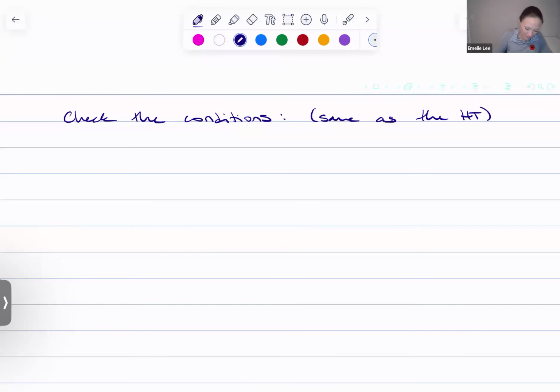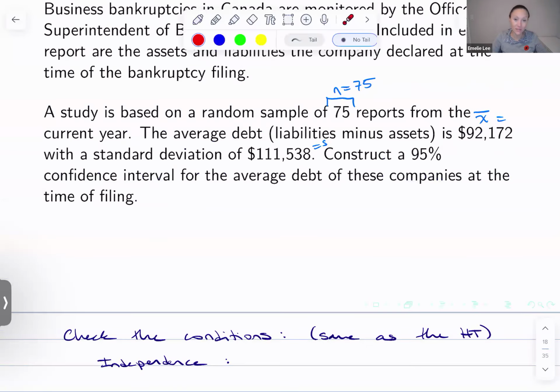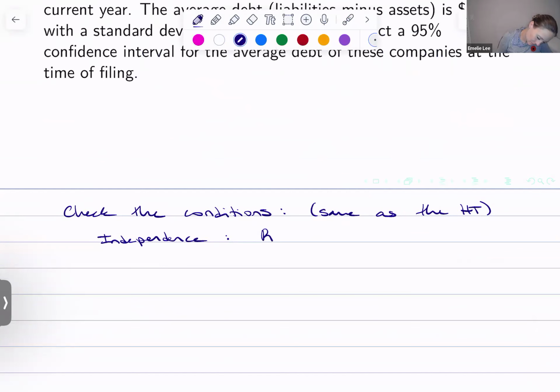That's nice for means. So the independence condition, well, we're told that it was a random sample. So I'm just going to write random sample, check mark, done. Because a random sample means I am allowed to assume that the observations are independent of each other.